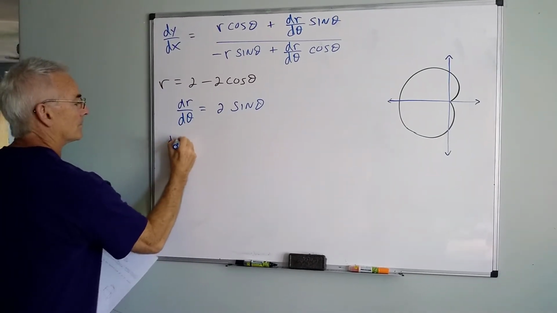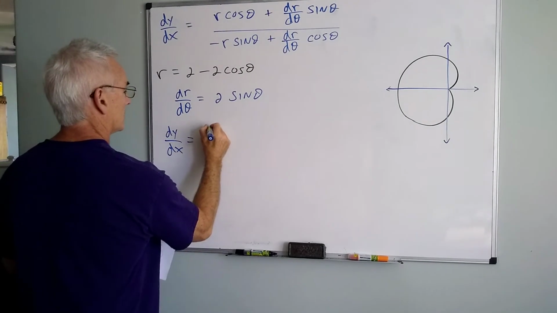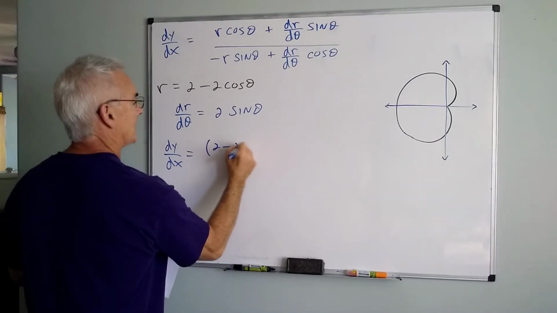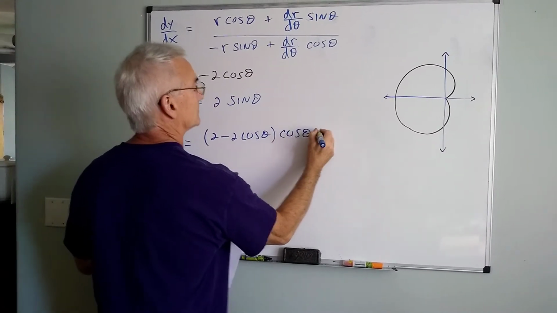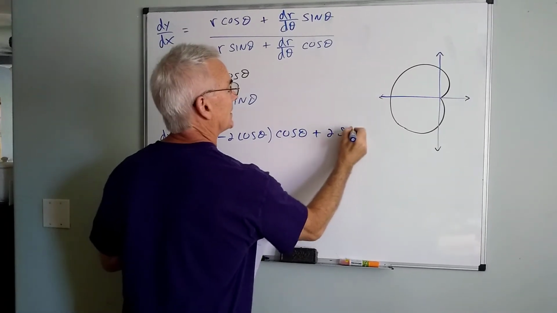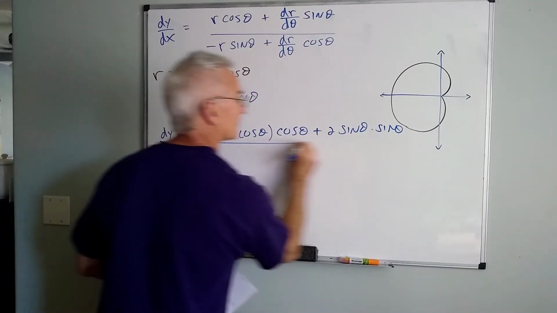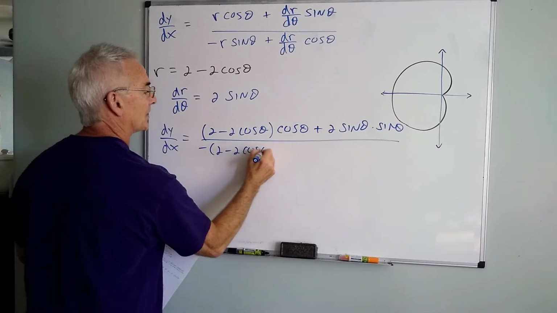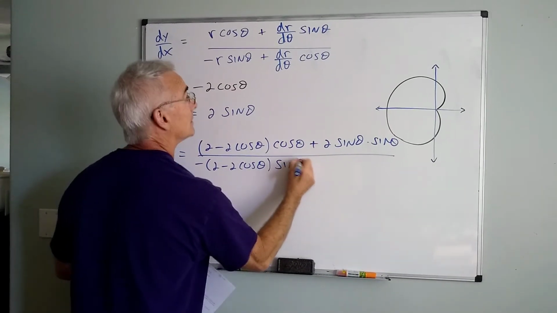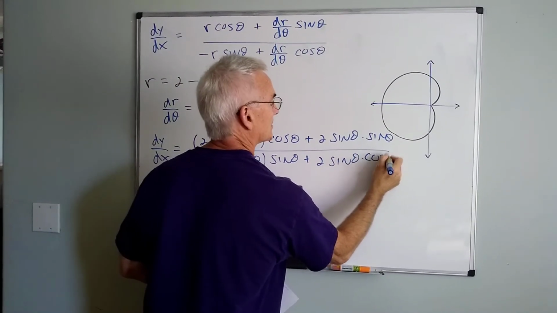So dy/dx would simply be then 2 minus 2 cos theta times cos theta plus 2 sin theta times sin theta, over the negative of 2 minus 2 cos theta times sin theta plus 2 sin theta times cos theta.